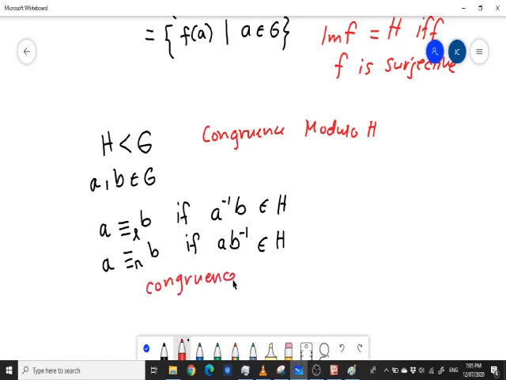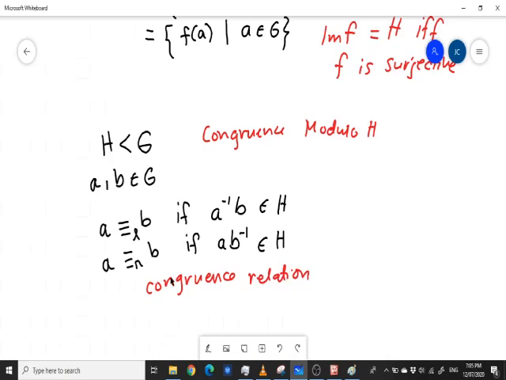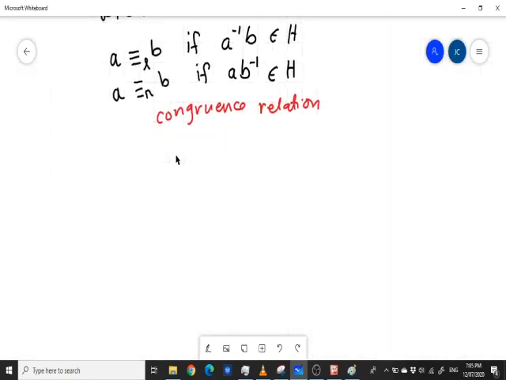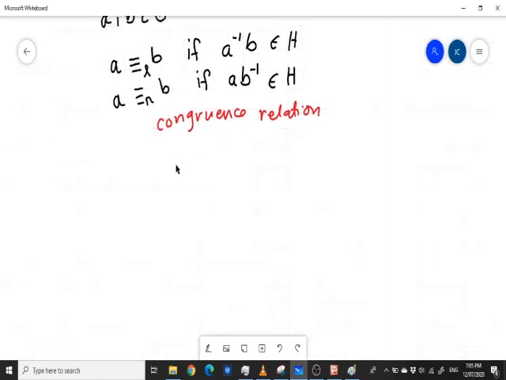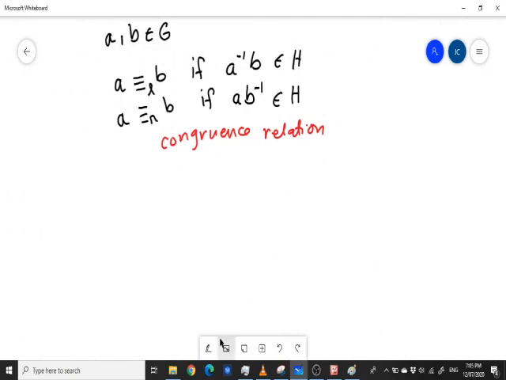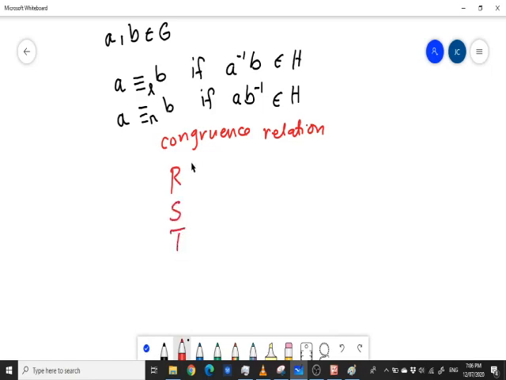Congruence relation. Ano sabihin ng congruence relation? Ibig sabihin, satisfy niya ang RST: reflexive, symmetric, and transitive.